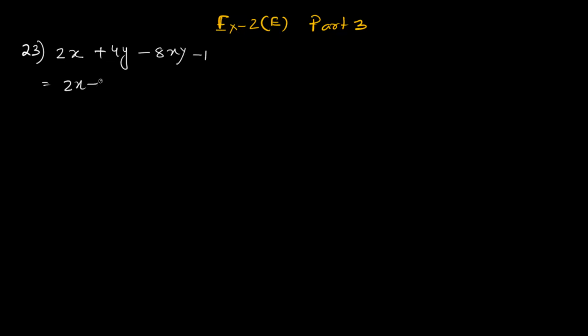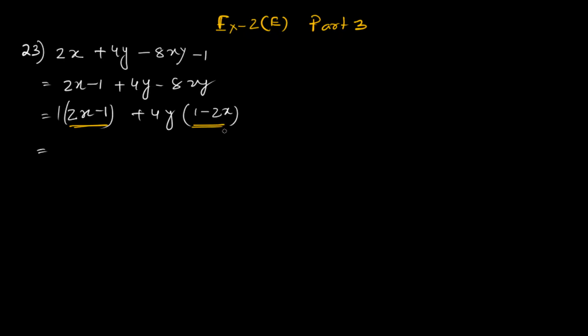From 2x minus 1 I can take 1 common, and from the other I can take 4y common, so it will be 1 minus 2x. But still these two terms are different, 2x minus 1 and 1 minus 2x. So from the last term I can take a minus common.